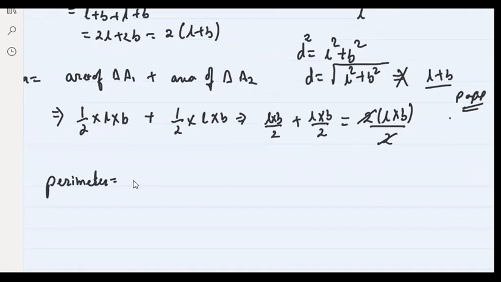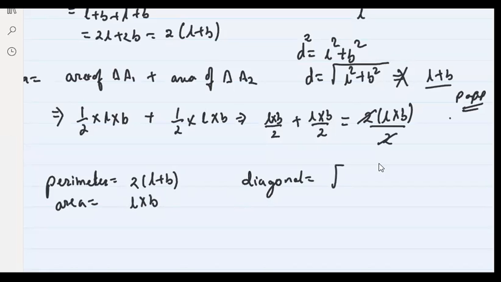Perimeter of a rectangle is 2 into L plus B. And area is length into breadth, as simple as that. And diagonal is equal to root of length square plus breadth square. Got it?